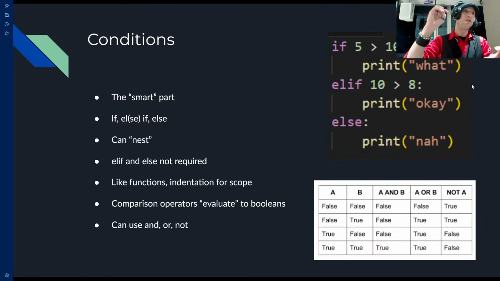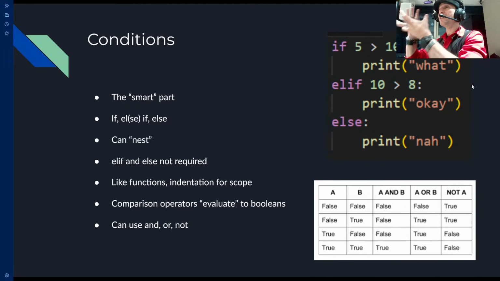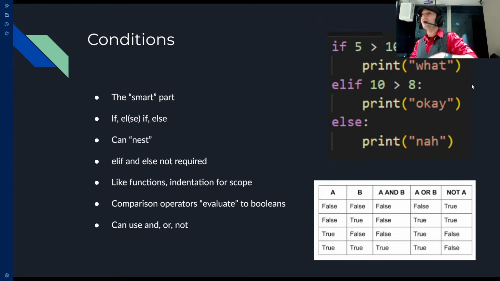And then you also have different operators, because conditions only understand true and false. If you do if 5, it's going to be like, well, 5 is not 0, so I guess it's true. And it'll interpret 0 as false. But otherwise, it usually wants to work with only true and false values.